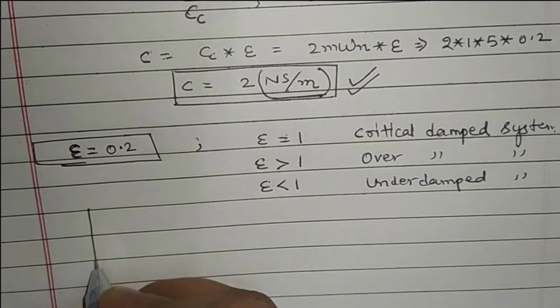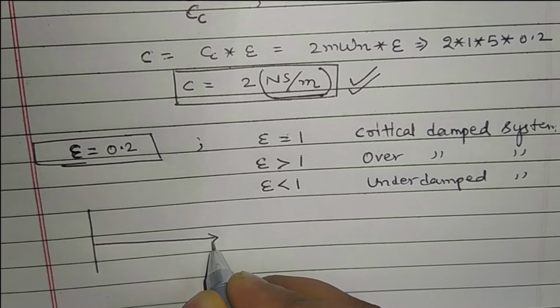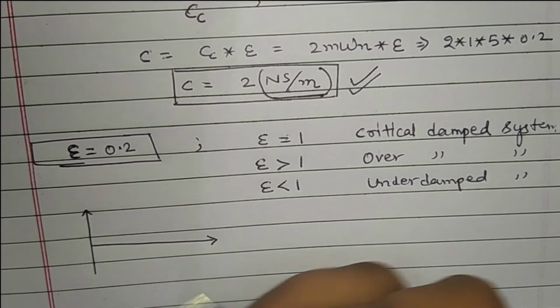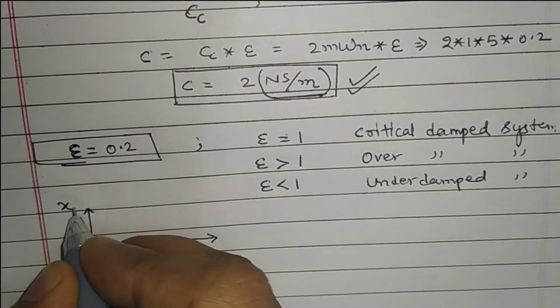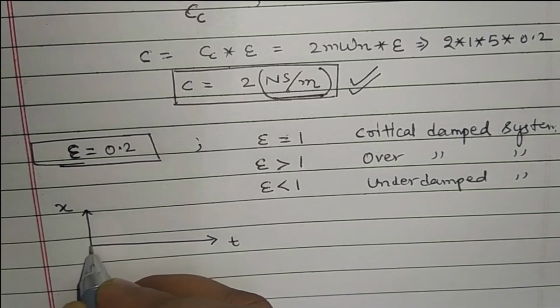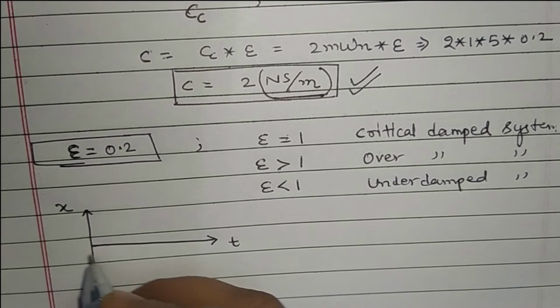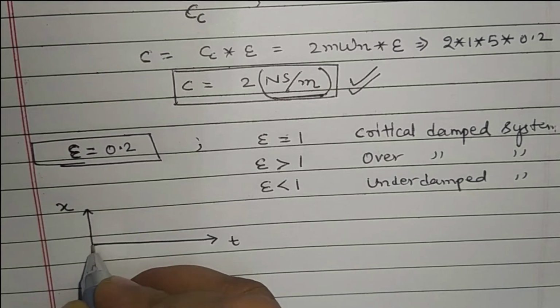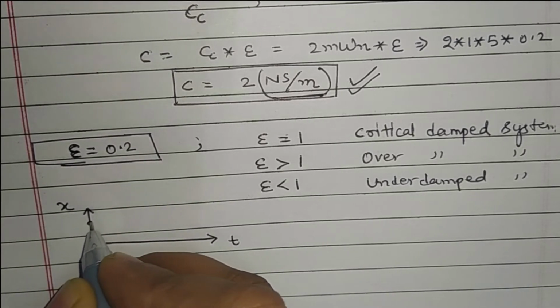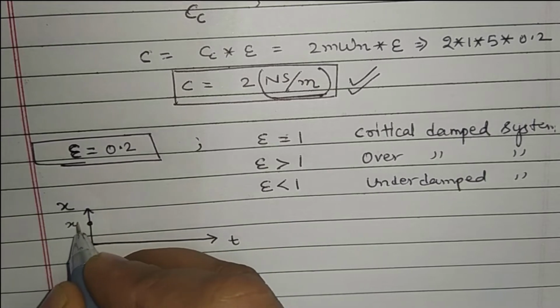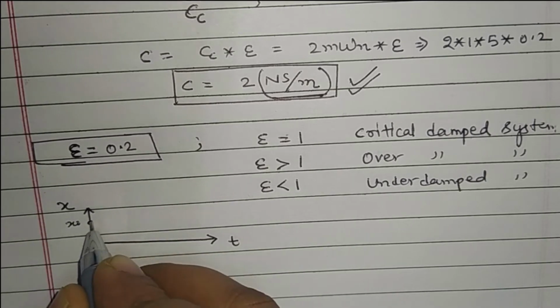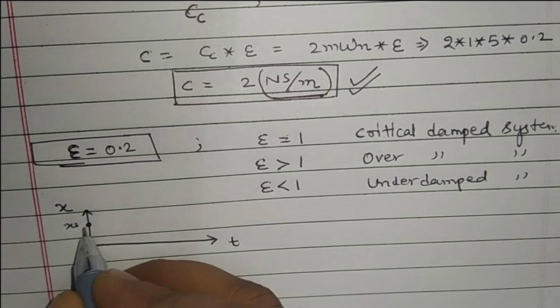For an underdamped system, for example, this is X and this is T. This is the mean position of the system. If we displace it from this position to some position, let's say X0, and then release it from here, what will it do?